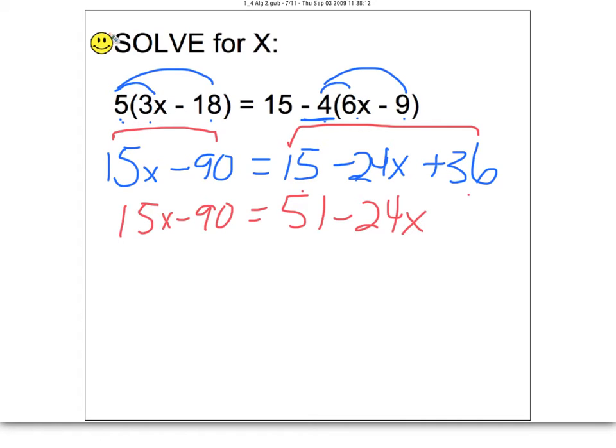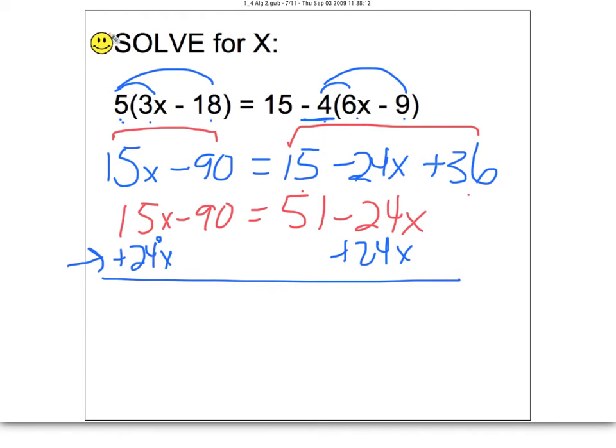Again, I'm going to bring the x's over to this left-hand side, so I'm going to keep this 15x here. So I'm going to move the minus 24x to the other side. To move minus, I'm going to add. This will leave me with 39x minus 90 equals 51.